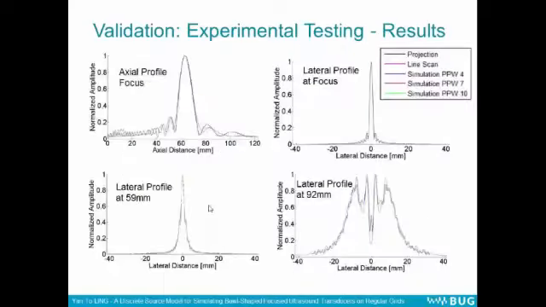And this is the validation, these are the actual profiles on the top left-hand side. And you see a good agreement at the focus and in the far field, but some errors in the near field. For all the lateral profiles, there is a very good agreement.